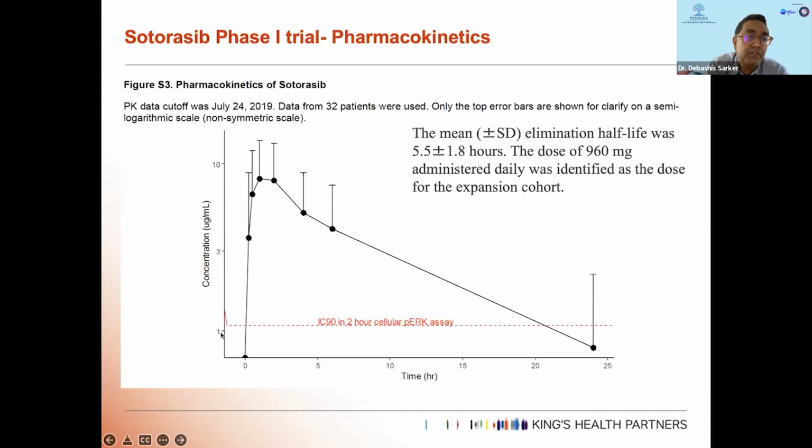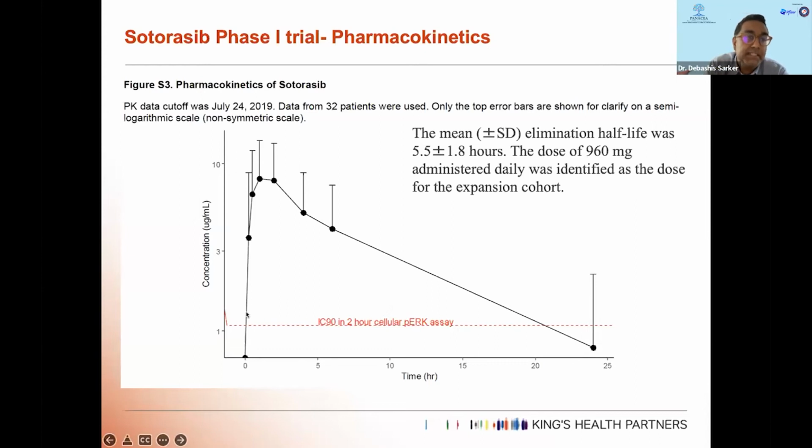So these are very common graphs that we see. These are concentration time graphs. But what we can't see here is the data across multiple cohorts, which is ideally what we want to see. However, what they have put in here is this red line, which is based on the preclinical modeling, what's called the IC90, the inhibitory concentration 90%, in a 2-hour phospho-ERK assay, which is the pharmacodynamic biomarker for KRAS inhibitors.